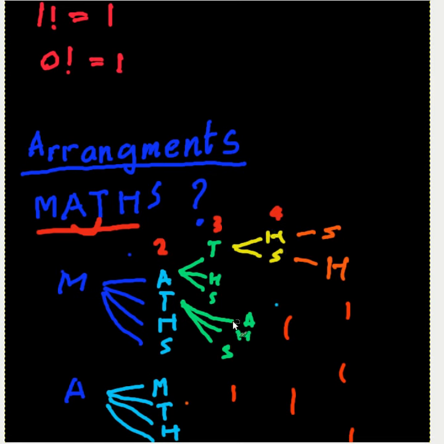And I've drawn the tree for T as well. If I choose T, of course I can't choose T again, so I have to choose either A, H, or S. So in the same way, I end up with this tree structure, and if you look at it, it's reducing. Over here there are 4 letters that I can choose from, over here there's 3, 2, 1, and so on.